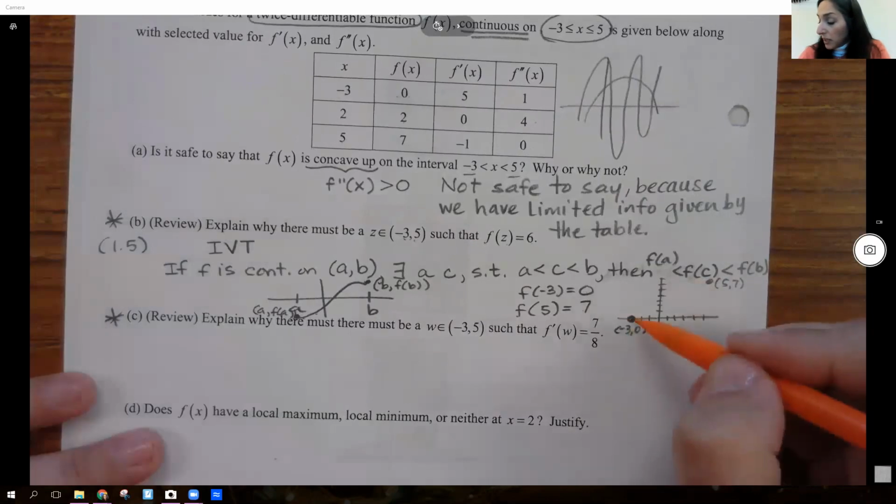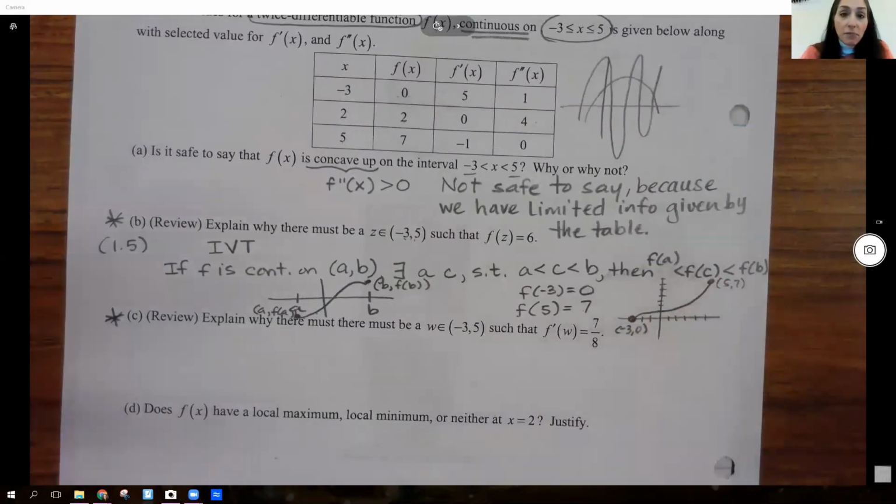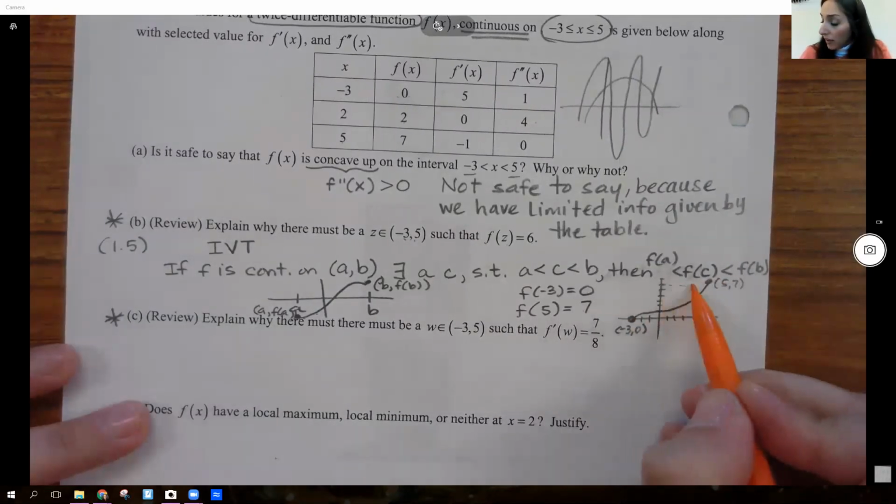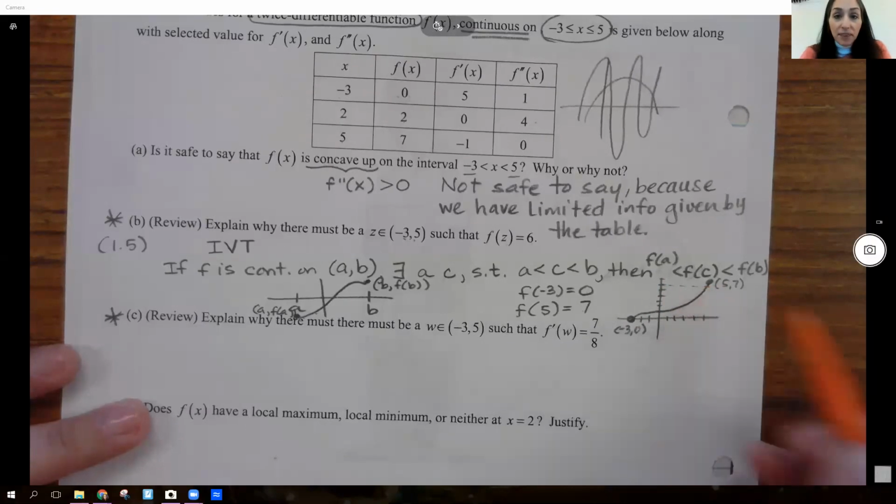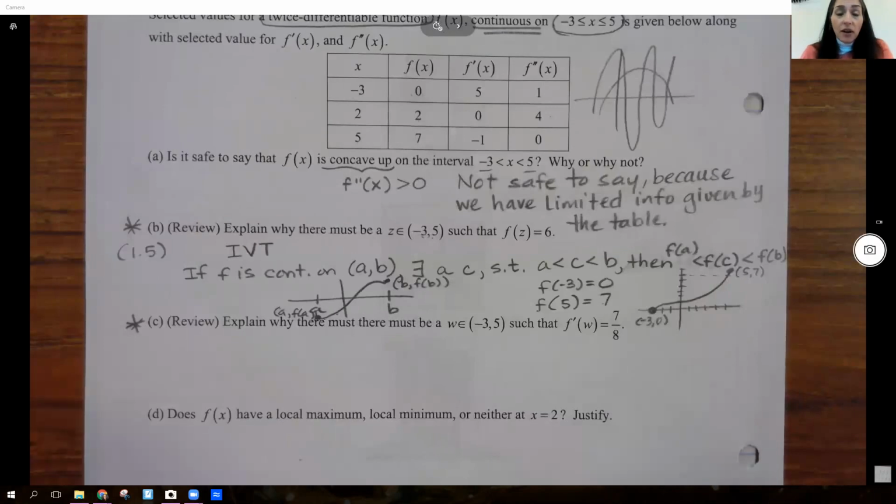Whatever happens in between here, at some point, there is going to be a Y value at 6. One does exist. So that's a review of the intermediate value theorem. Okay?